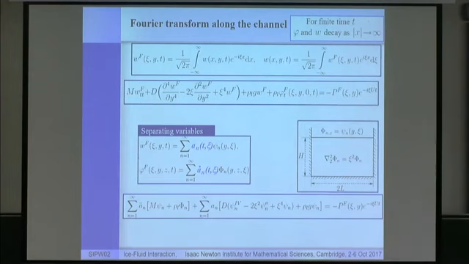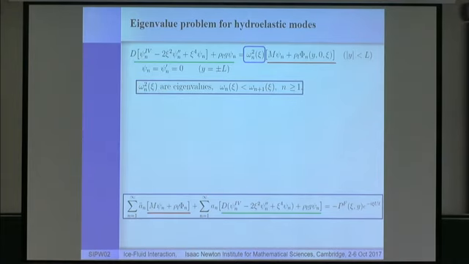In a similar way, after substitution we obtain the following equation, and this separation can be done only if these two terms are proportional to one another. So we arrive at a problem like an eigenvalue problem, with omega squared as the eigenvalues of this problem.